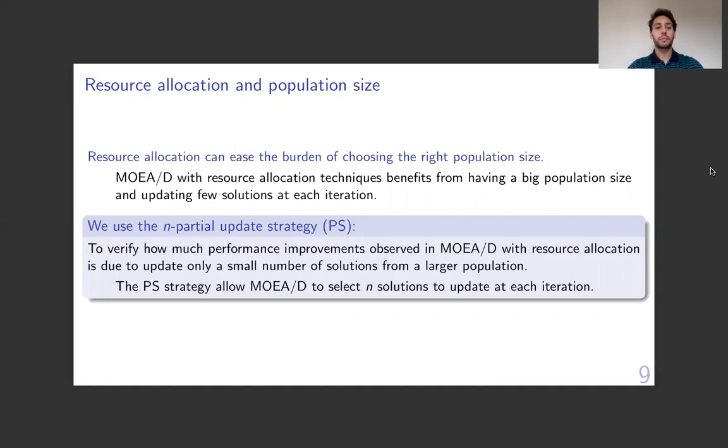We call it PS. We use it to verify how much of the performance improvement in MOEA/D with resource allocation is due to the fact that it is updating only a small number of solutions for a much larger population. The PS strategy allows MOEA/D to select any solutions to update at each iteration.